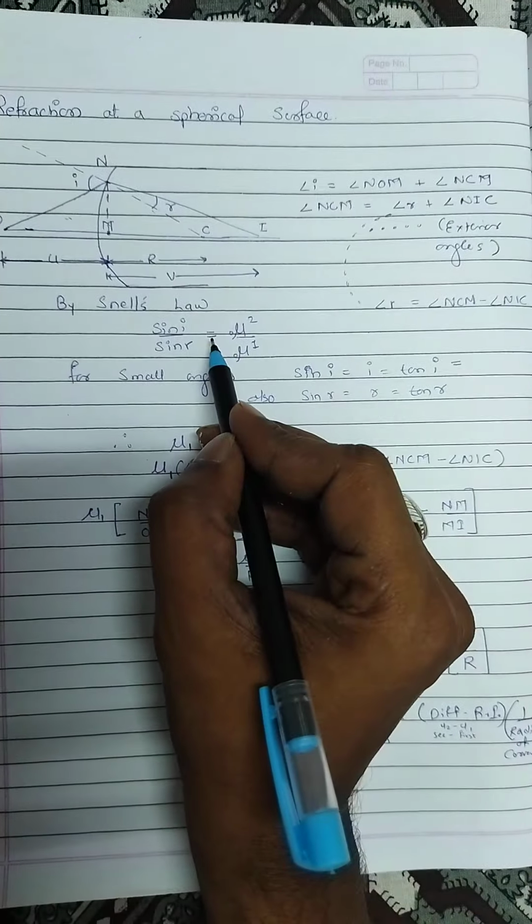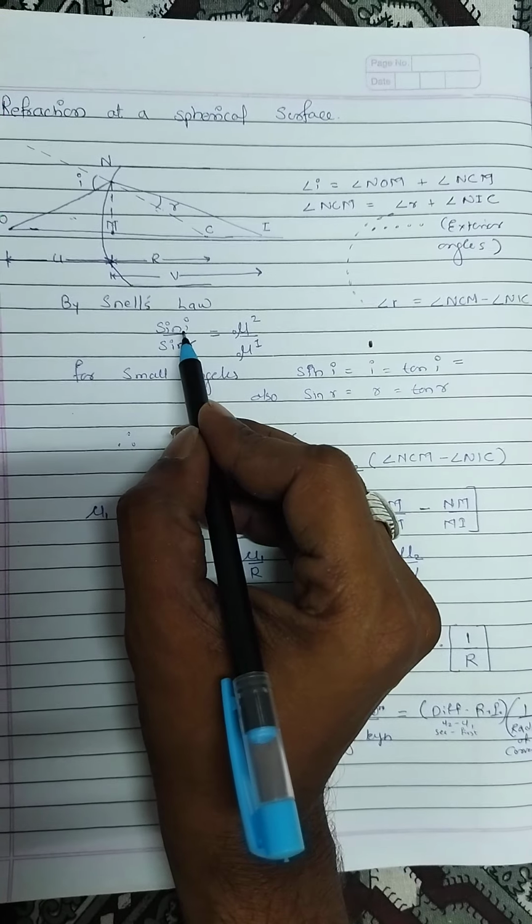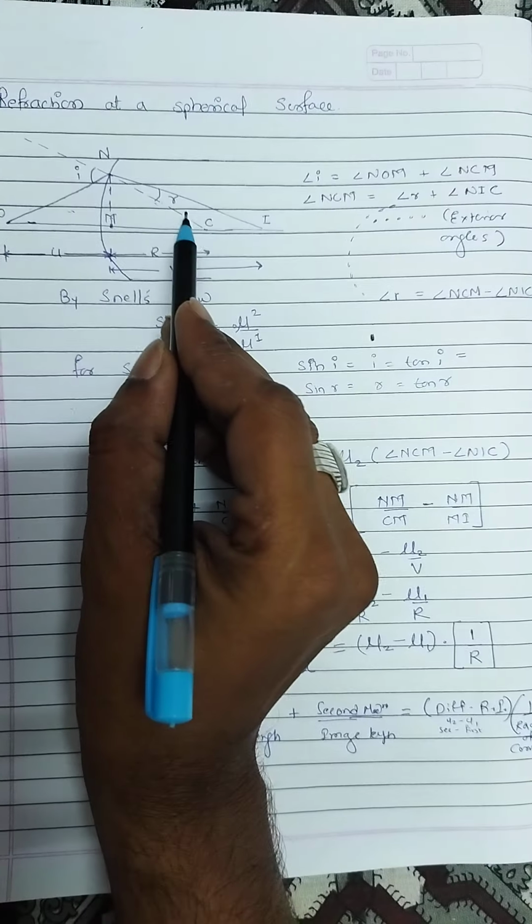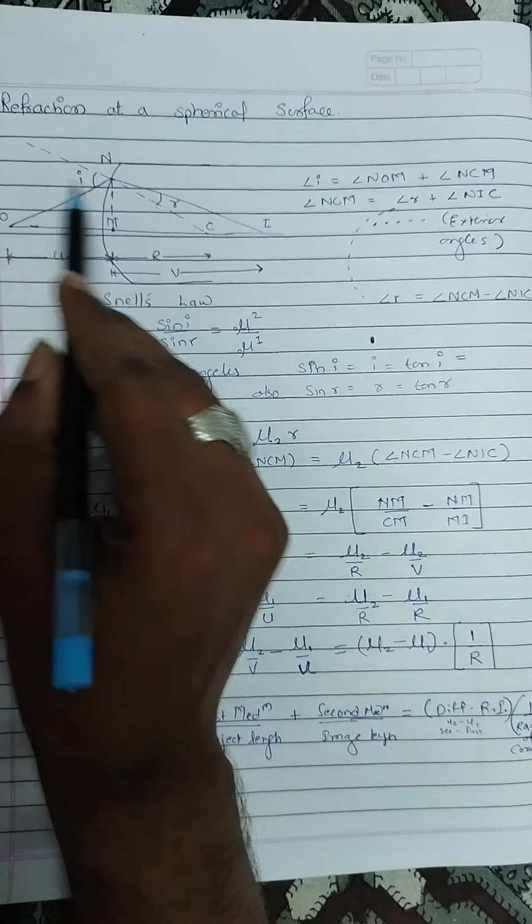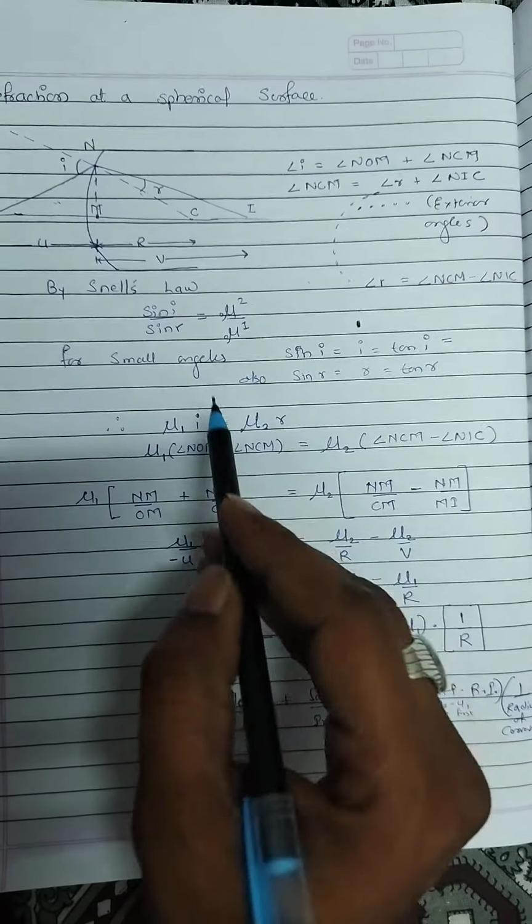From Snell's law we will write the refractive index of the first medium with respect to the second medium as mu2 upon mu1, with respect to vacuum.